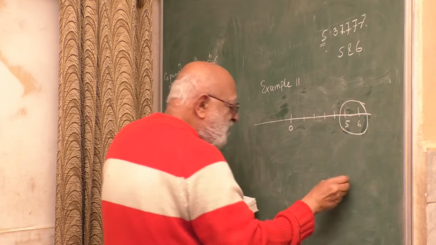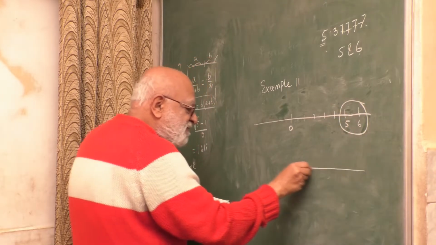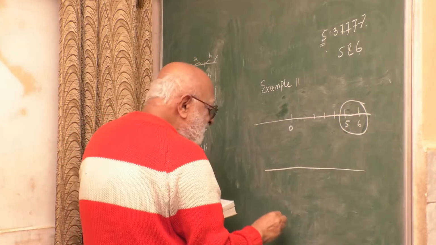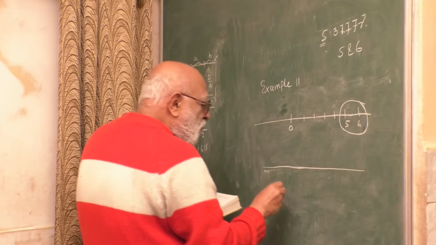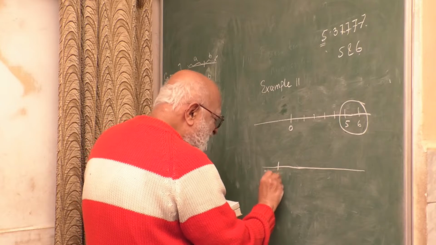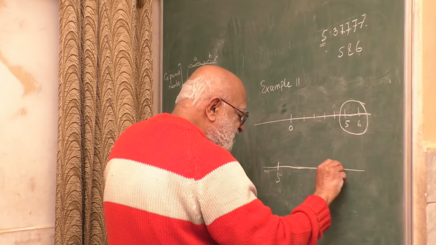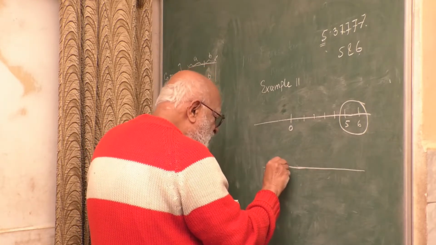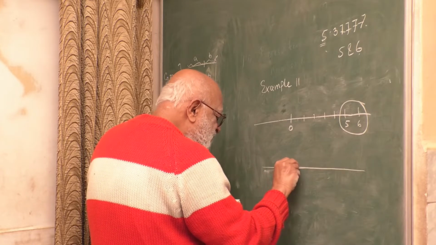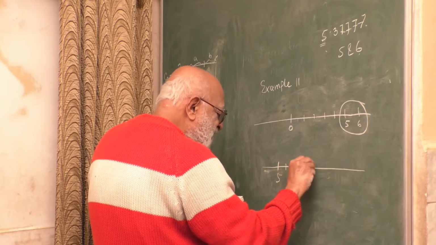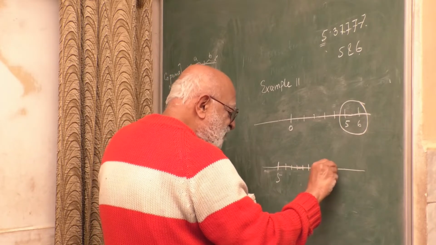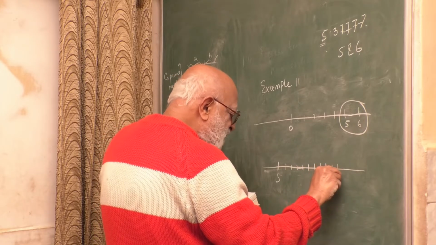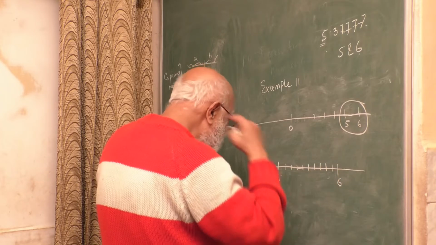This one I will magnify. Okay, and leading to 10 divisions. So let us say here is 5 and here it is 6. Let us first do 1, 2, 3, 4, 5, 6, 7, 8, 9. Then this one will be the division 6.